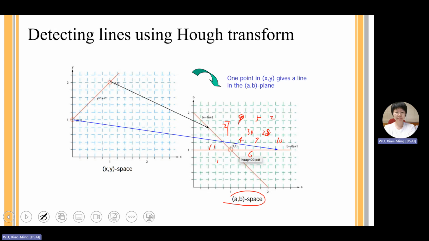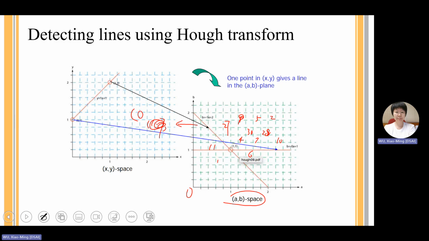And each cell corresponds to an AB value. For example, the AB value for this cell could be 1.7. Sorry, for this cell the A value is close to 0.